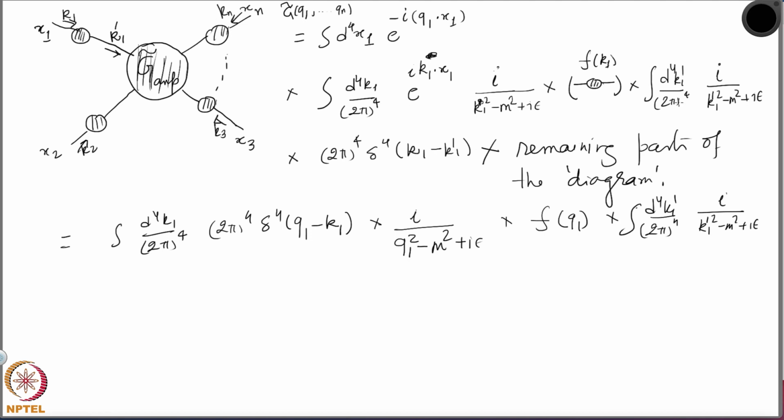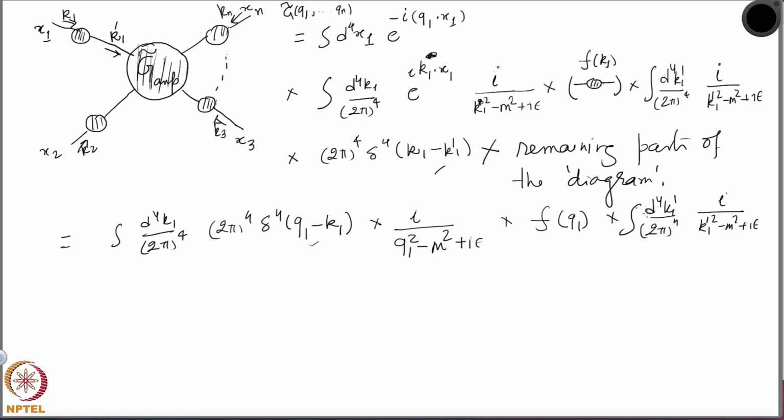So if I integrate over k1 prime, I will get this expression with k1 prime replaced by k1, and this delta function 2 pi to the 4 will cancel with this, and this integral will be taken care of. Also because of this delta function k1 is forced to q1, so eventually k1 prime gets replaced first by k1 and then by q1.